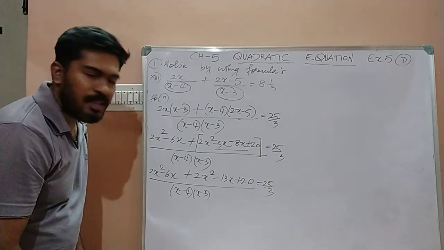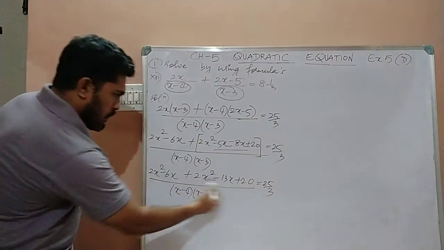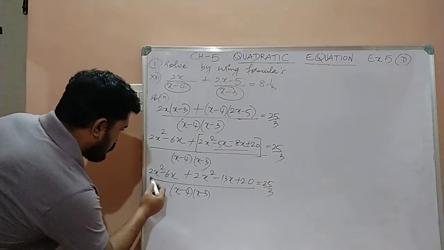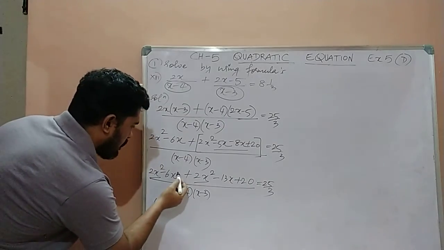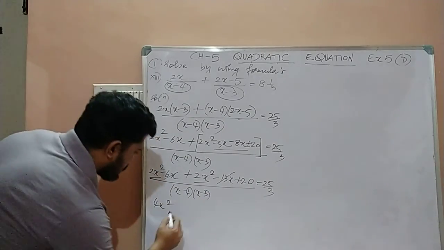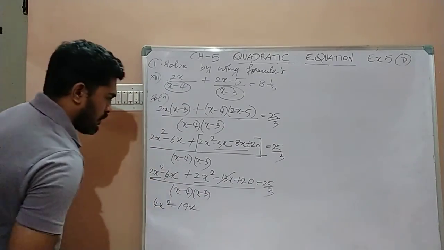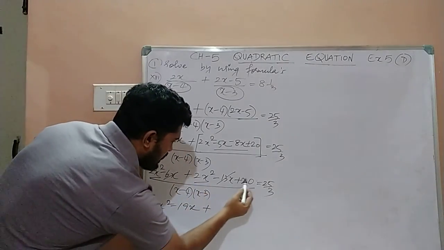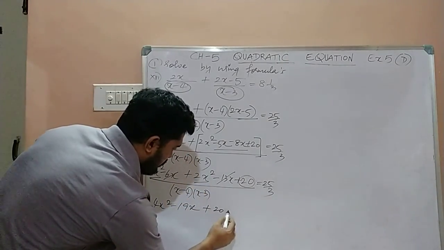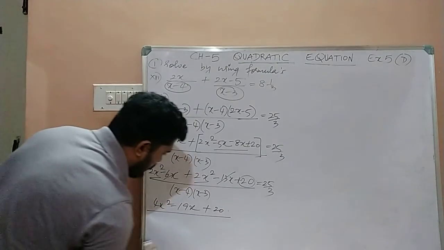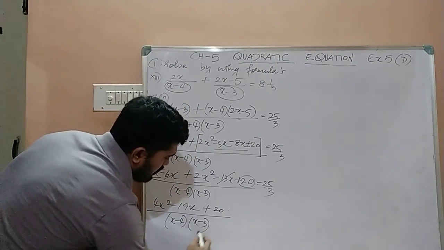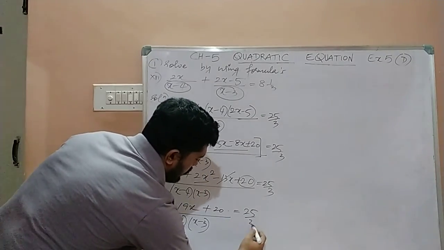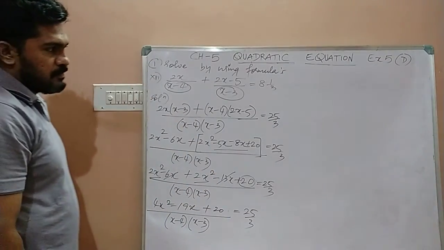Okay. Now let us do the simplification. 2x square plus 2x square, how much is it? 4x square, minus 6x minus 13x is minus 19x. Then what is left over here? Plus 20. Okay, whole divided by x minus 4 into x minus 3, which is equal to 25 by 3.